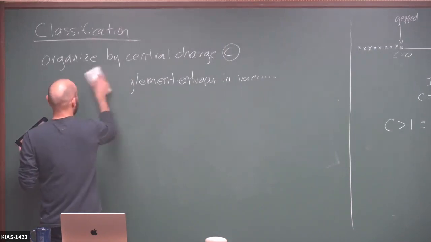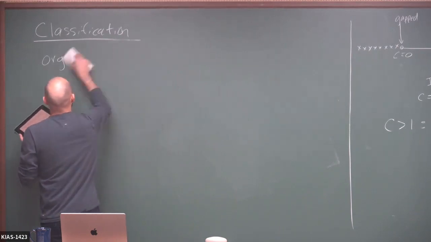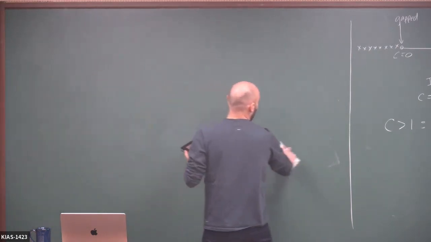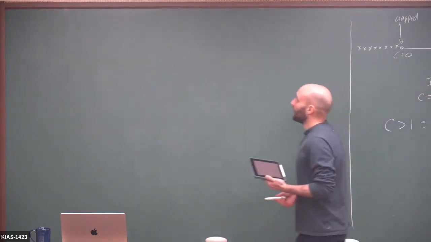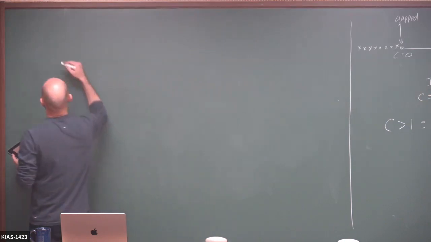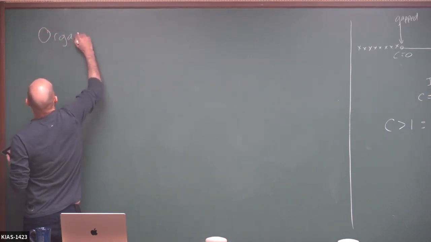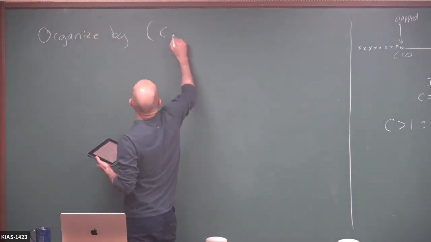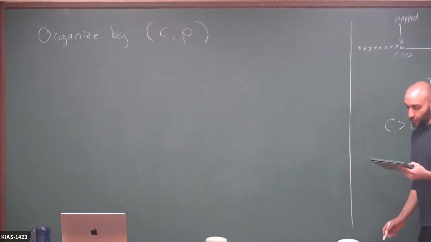Instead of trying to continue to go up the central charge ladder, let me add one more qualifier to make the problem a little bit simpler yet, which is now we're going to organize both by the central charge c and another parameter p, which I will now explain.